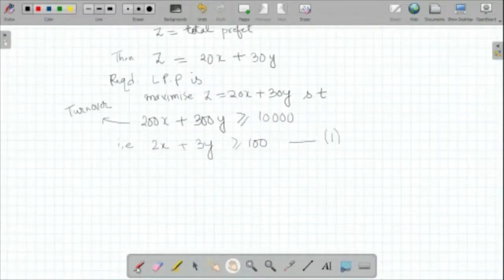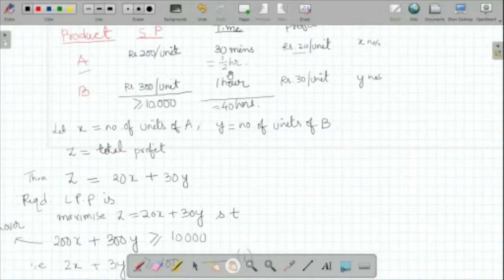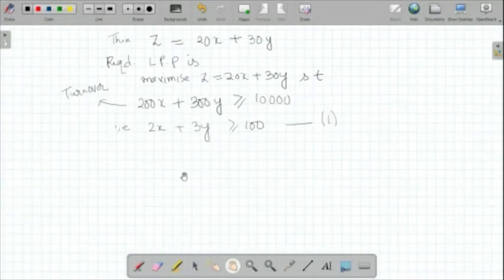and the second equation will be, let's see, the time: half times x plus 1 time y. So half times x plus 1 times y, and it should be less than or equal to the maximum of 40 hours.